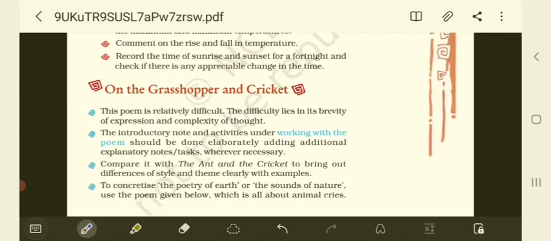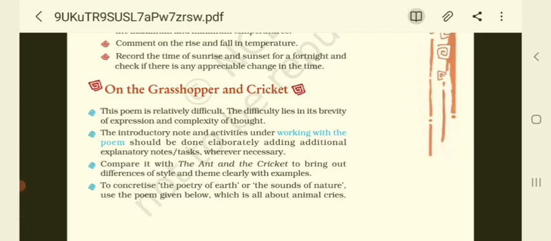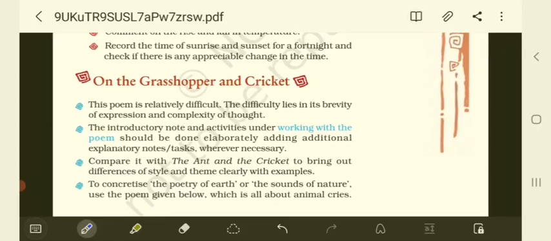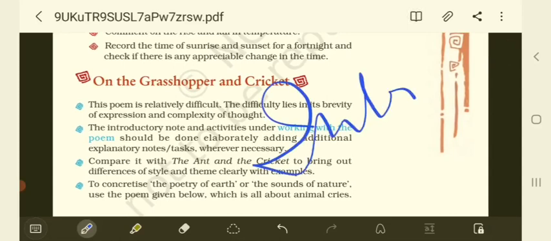This poem will take us back to that beautiful, wonderful fable wherein grasshopper and cricket were the culprit of over enjoyment of a particular season, and then the price they had to pay. It will be compared with The Ant and the Cricket to bring out differences of style and theme clearly with examples.